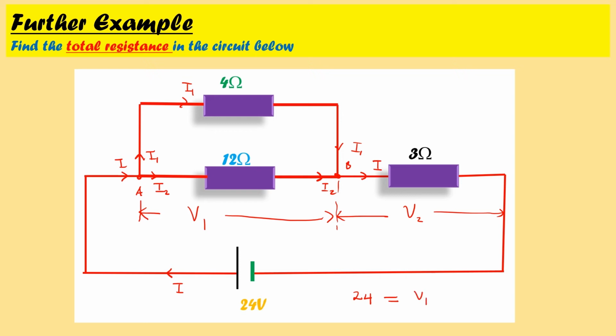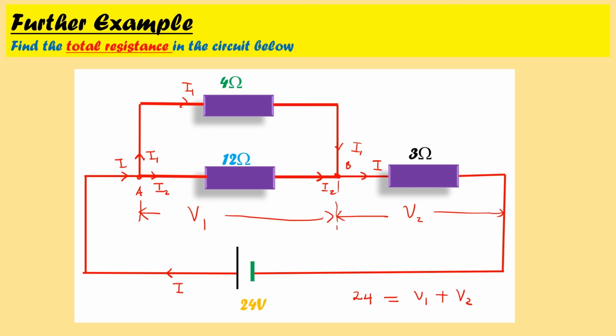Therefore we can conclude that the 4 ohm resistor and the 12 ohm resistor are in parallel, but the combination of those two resistors is now in series with the 3 ohm resistor.